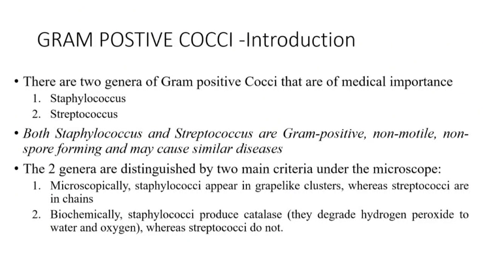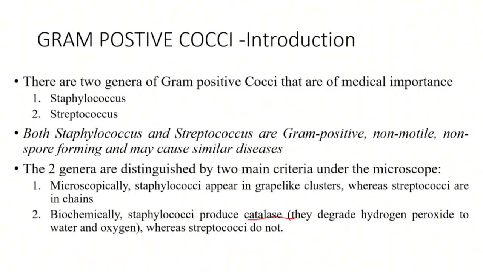But then to confirm biochemically, we use a test called the catalase test to differentiate between Streptococcus and Staphylococcus. Catalase is an enzyme contained by Staphylococcus species. It's actually a virulence factor. We'll talk about it later in the video.